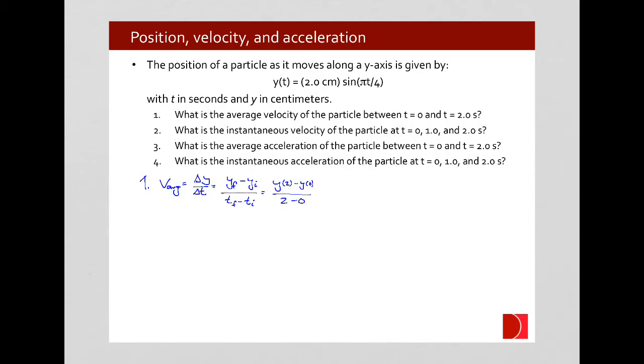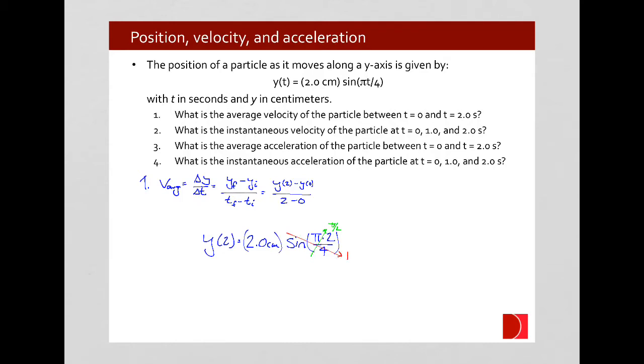Now, if we look at y of 2, we're plugging 2 into our equation here. We have 2 centimeters times the sine of pi times t equal 2 over 4. This term here is pi over 2, and sine of pi over 2 is 1.